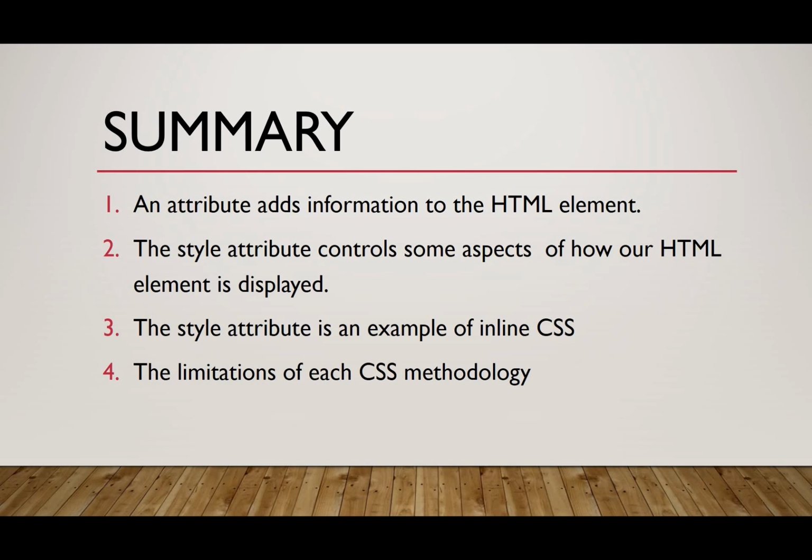We learned how the style attribute controls aspects of our HTML elements. We also learned that the style attribute is an example of inline CSS, and we learned about each of the different CSS methodologies: inline CSS, internal CSS, and external CSS. We will learn more about each of those in the future.